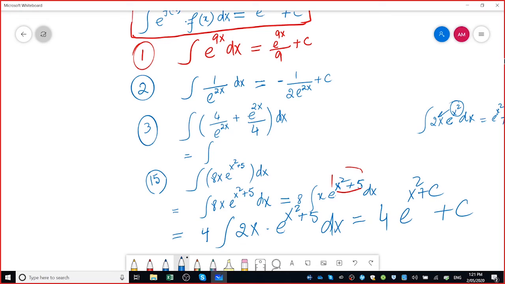So I think that's the answer. Let me check it also so that we are not doing something wrong. This was number 15, e to the power of x squared plus c.